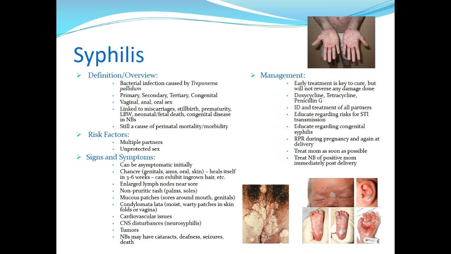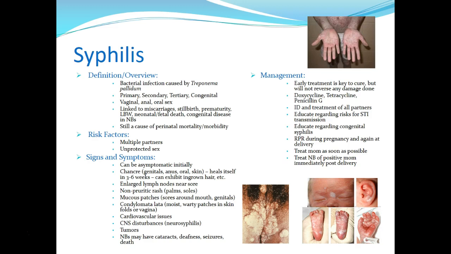So with syphilis, it's often asymptomatic initially, which puts pregnant women especially at a great risk if they have multiple sex partners or have unprotected sex, and it puts them at risk for a perinatal loss because they may not even know they have it.